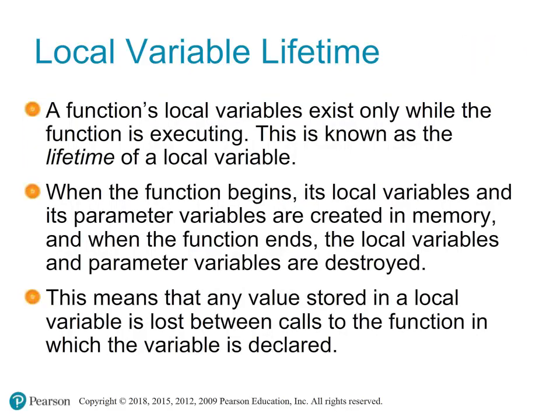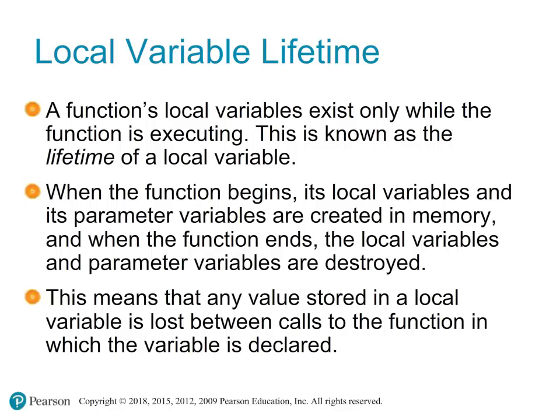Local variables and parameter variables are created in memory when a function begins execution. These variables are destroyed when the function ends its execution. The period from the creation to the destruction of these variables is known as a lifetime. They exist only within the scope of the function where they are defined.